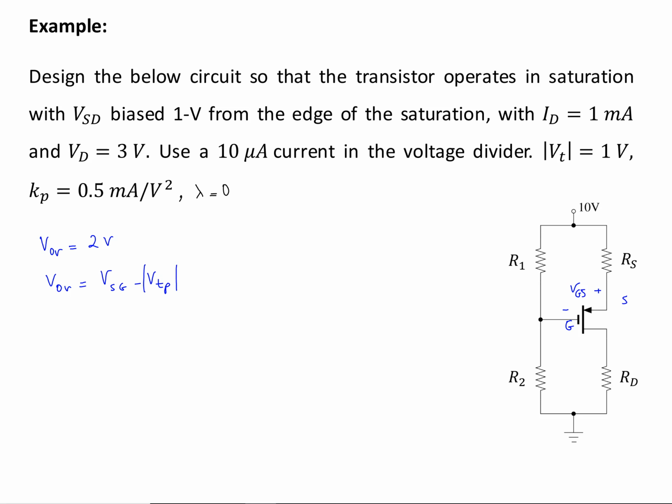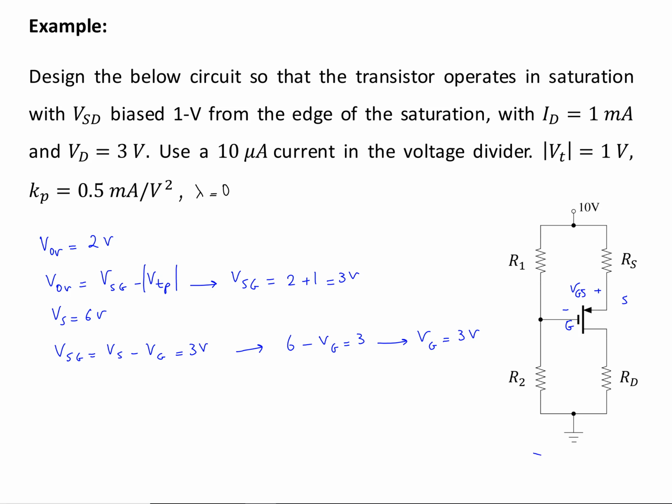So now I calculated Vs to be equal to 6 volts. VSG is equal to 2 plus 1, which is going to be equal to 3 volts. And I have VSG equal to Vs minus Vg, which is 3 volts. From there, 6 minus Vg equals 3, and so the gate voltage is equal to 3 volts. So that is my gate voltage.